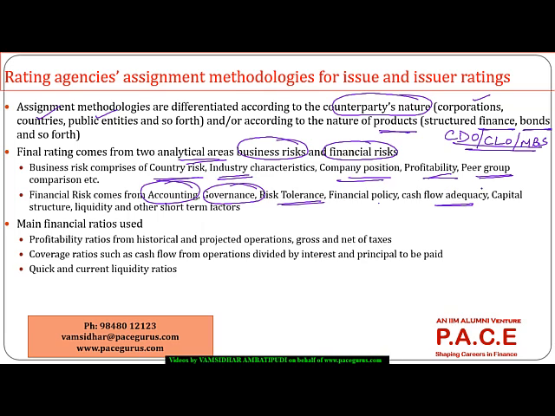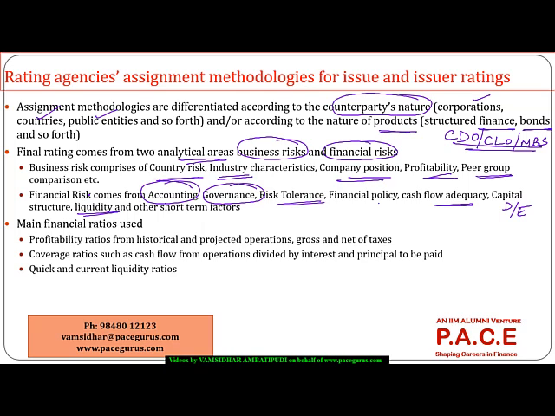The capital structure, the debt to equity ratio, the liquidity structure of the firm, all these are typically coming as a part of financial risk. So these are the two major assessments, and based on these assessments, the companies are typically giving a final rating.